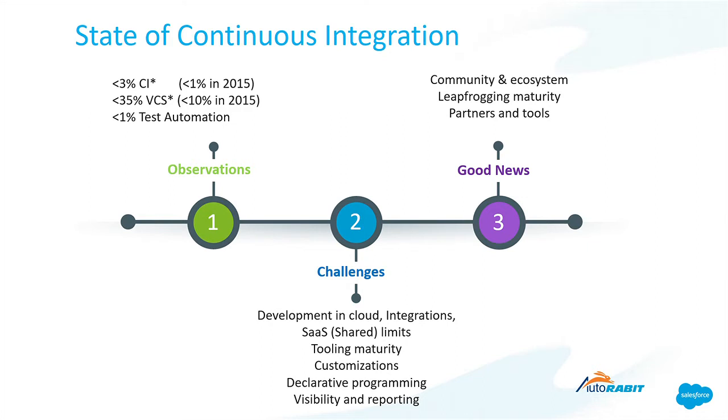What we saw was the acceleration of adoption in release management, either from a version control standpoint or CI standpoint, was rapidly increasing. For example, continuous integration adoption in clients was less than 1%. It went up to 3%. Now we are close to about 10%. We did not do the numbers this time.